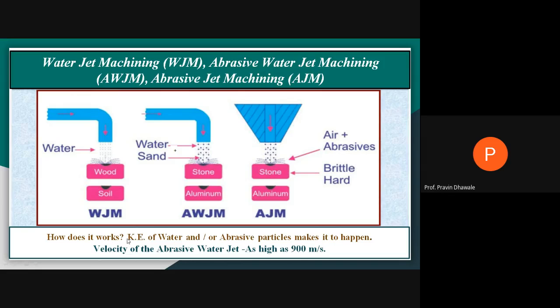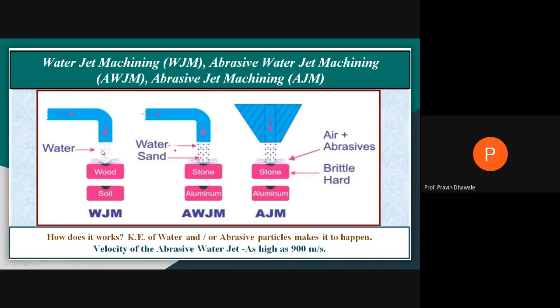How does it work? The kinetic energy of the water or abrasive particles removes material from the surface of the workpiece. How much is the velocity of the water jet or abrasive jet? It is about 900 meters per second.